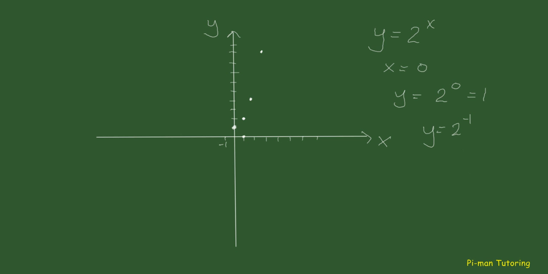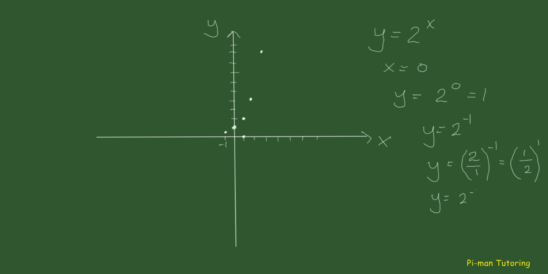So if you imagine that this 2 is actually 2 divided by 1, then if we turn that fraction upside down and change the power to a positive, we get y is equal to 1/2 to the power of 1. Anything to the power of 1 is just the thing itself. So 2 to the minus 1 is actually 1/2. You can see now the shape of the exponential curve starting to appear.